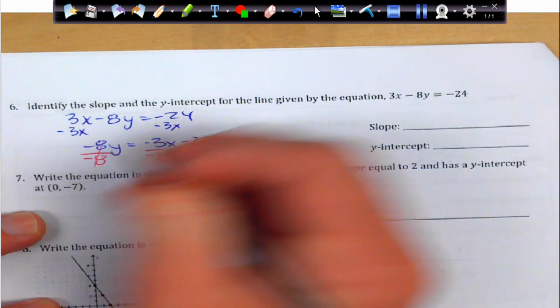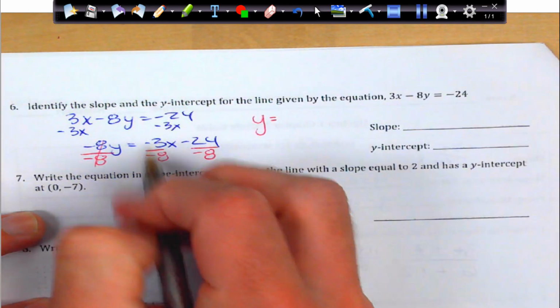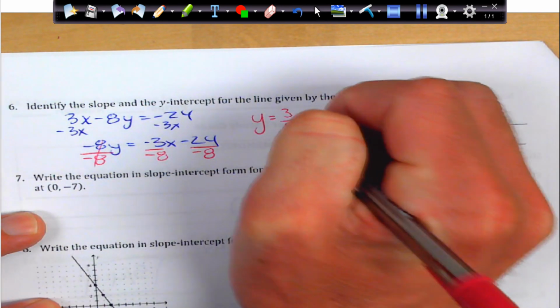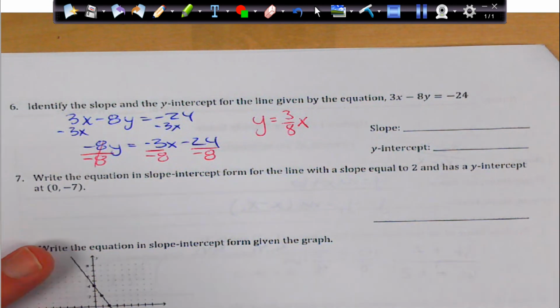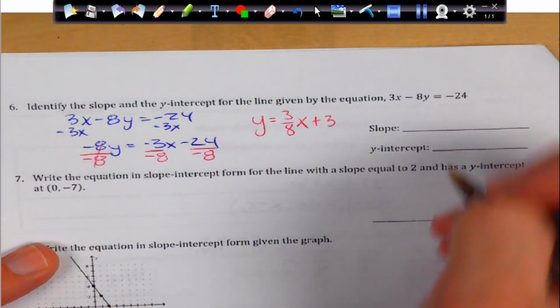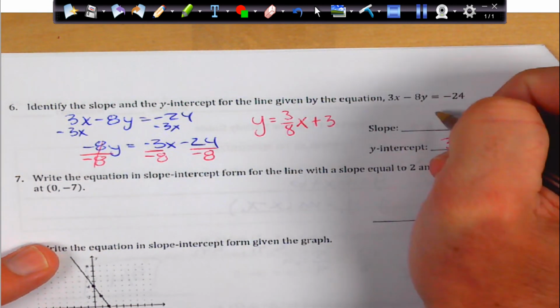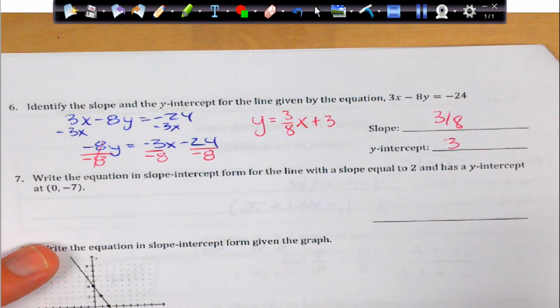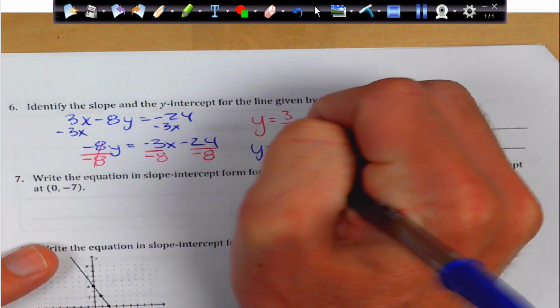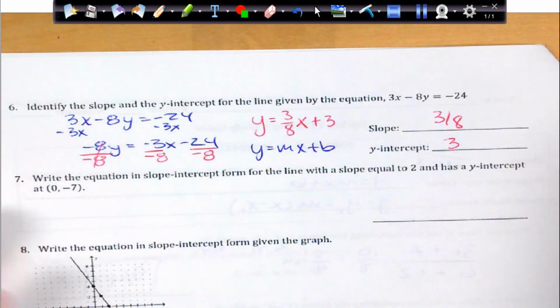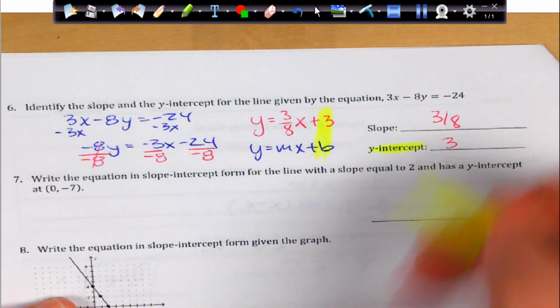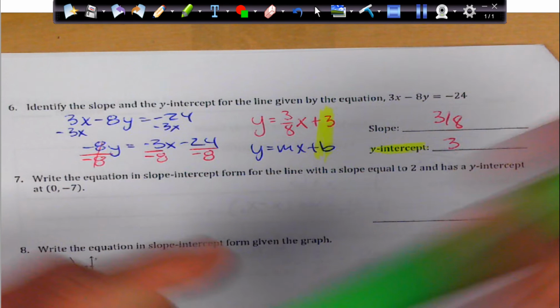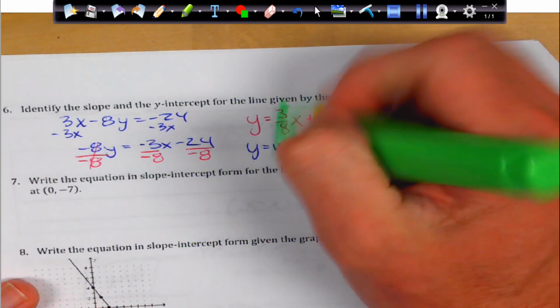That cancels, so I just get y equals positive 3 over 8 x, and negative 24 divided by negative 8 becomes a positive 3. So my y-intercept is 3, and my slope is 3 over 8, because this is in the form of y equals mx plus b, and the b is the y-intercept. That's that piece. And the m is my slope, which is that piece.